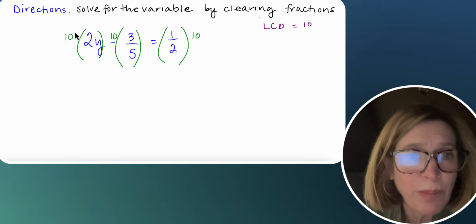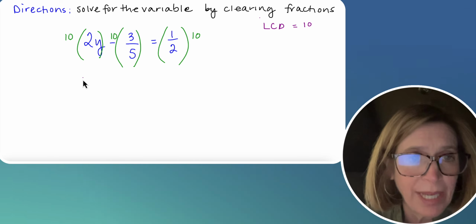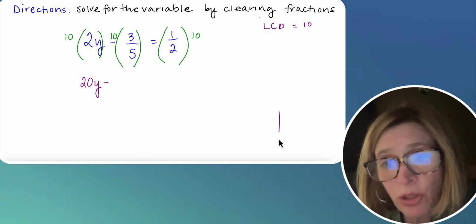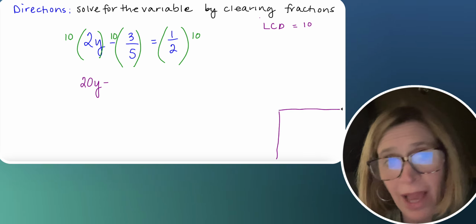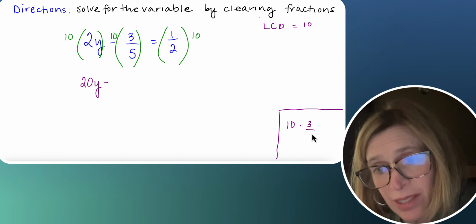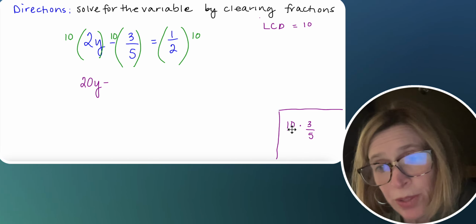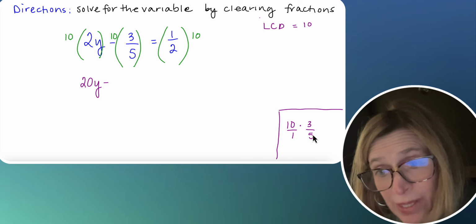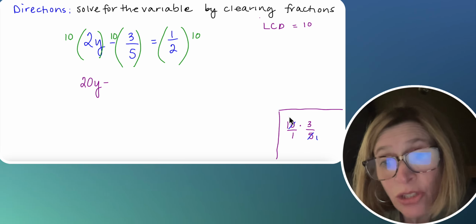All right, so if I multiply 10 times 2w, I'm going to get 20w minus. Okay, so now remember I told you, you want to do your math off to the side. You're multiplying 10 times 3/5. You want to put the 10 over 1 and then simplify before you multiply. So 5 goes into itself once and it goes into 10 twice.